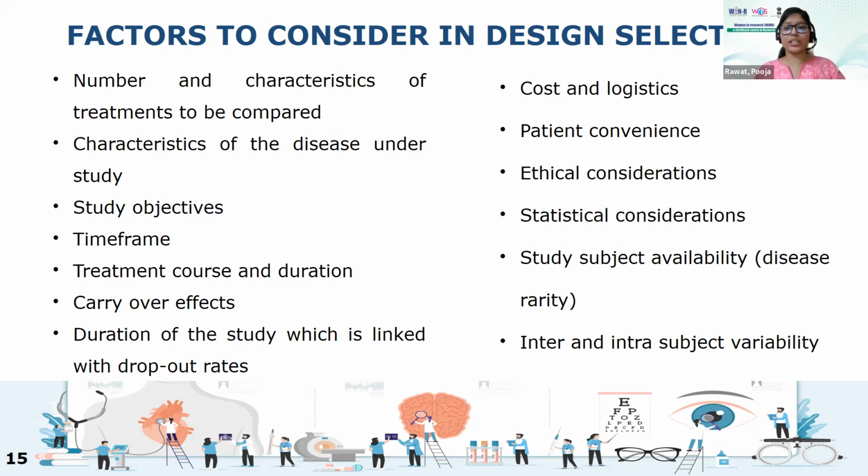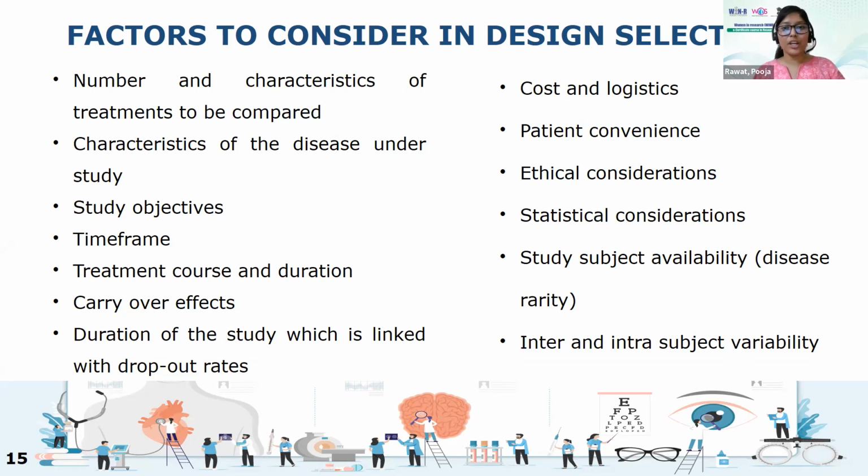Then study subject availability, the disease rarity. You also have to see which indications you are working for. Rare disease is very difficult for the doctors and for the site staff, because the frequency and the prevalence rate is very low.